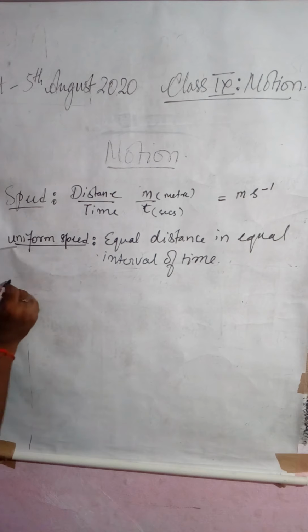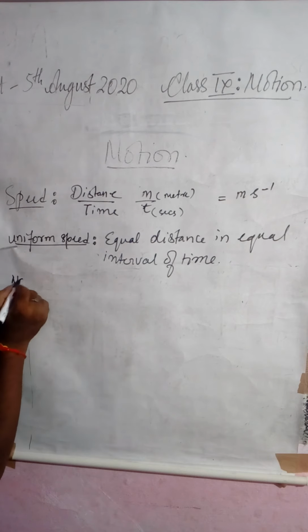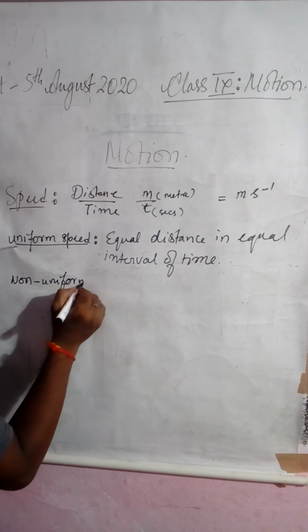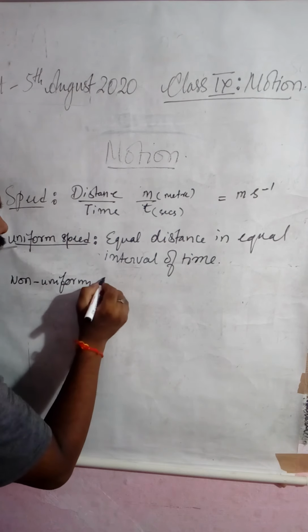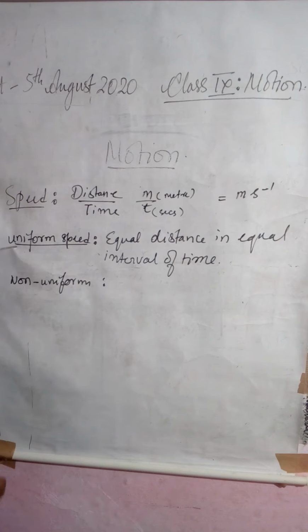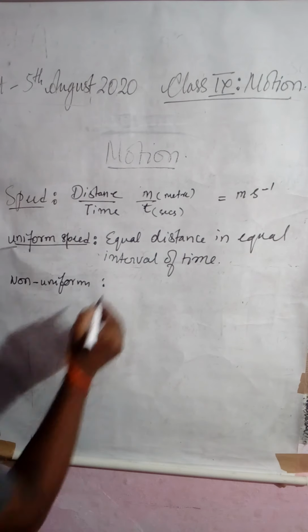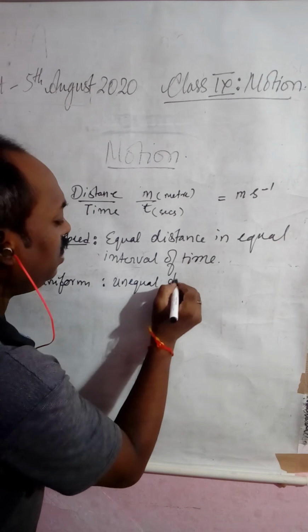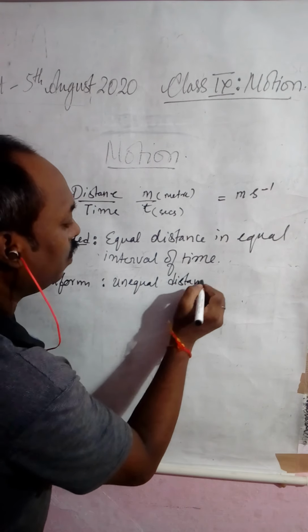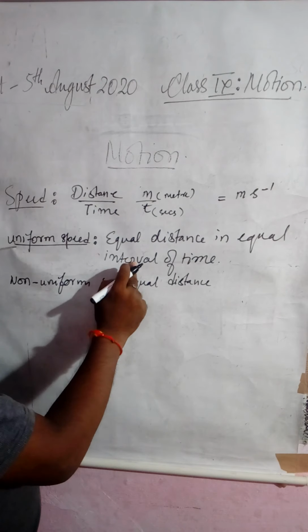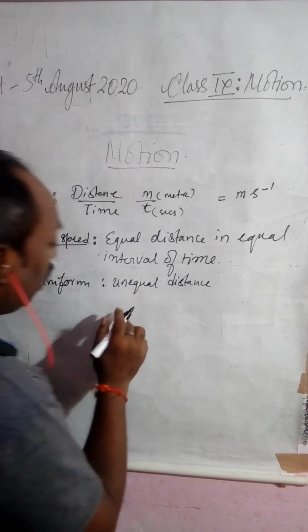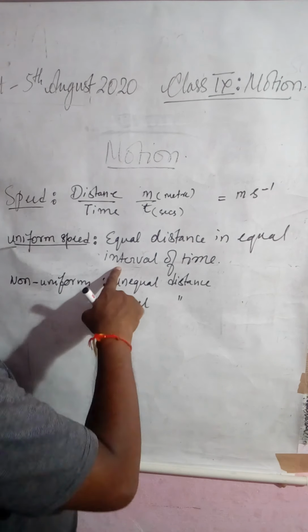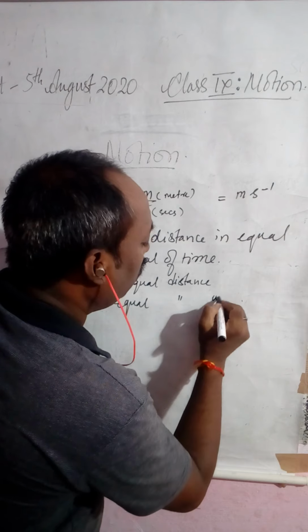Similarly, if I am saying non-uniform speed, then naturally it may be unequal distance in equal interval of time, or we can also say equal distance in unequal interval of time.